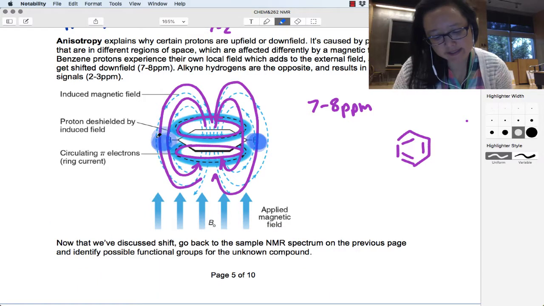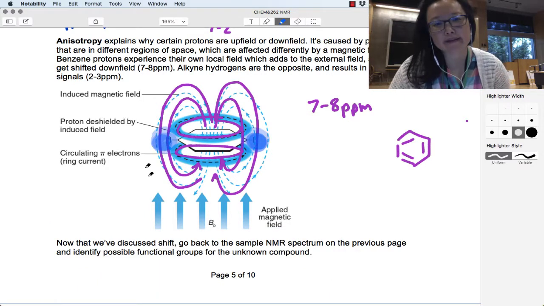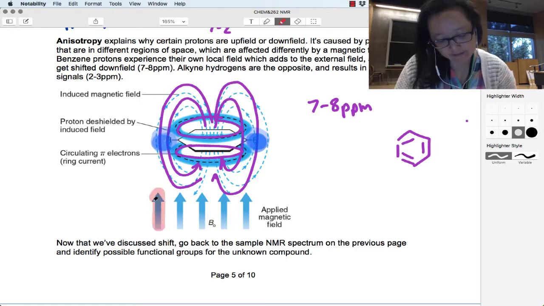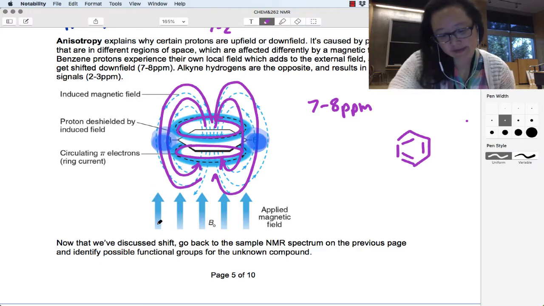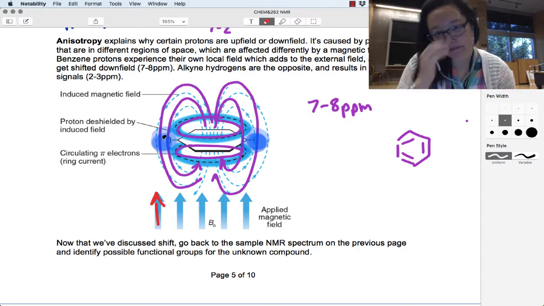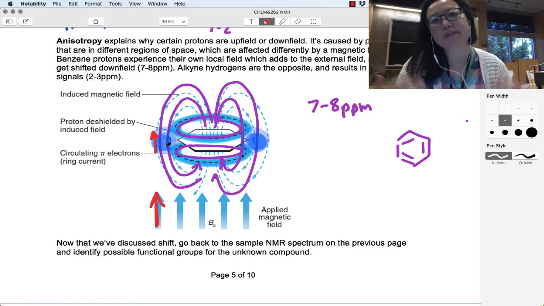So the hydrogens here, clearly they are affected by that induced field. And what's happening is the applied magnetic field, let's say the magnitude of this field is felt this much, okay? Well, what happens here is that this hydrogen feels the induced field. So let's say there's an amount of induced field that adds to the amount of the external field, and so now it feels a greater field.